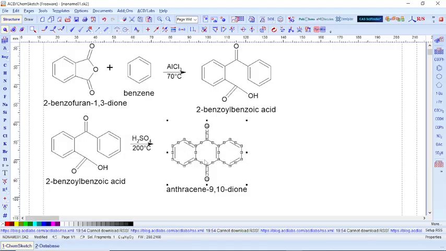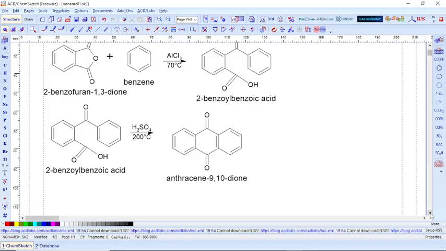But the best one is calculating the amount of the reactant to be used with an expected yield, which we call the true yield. So start from the last reaction. We may have up to like five different reactions here, but I'll start with the very last one. So this is the last reaction that led to my anthracene-9,10-dione.